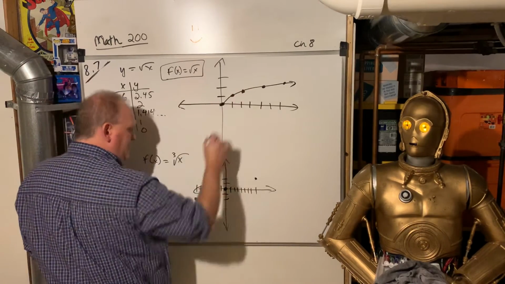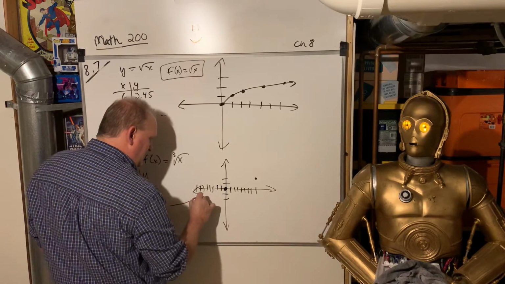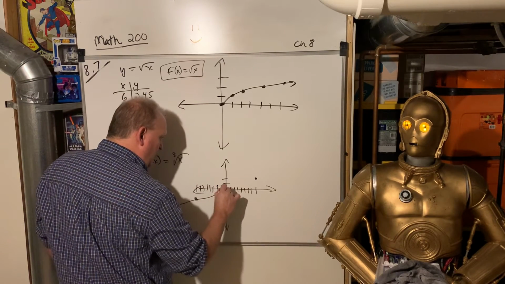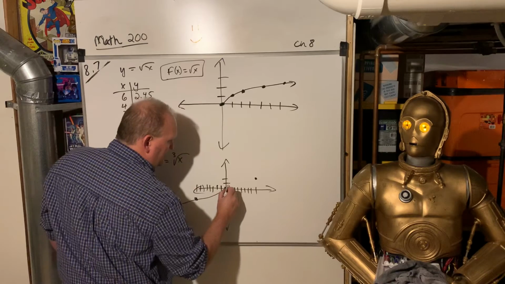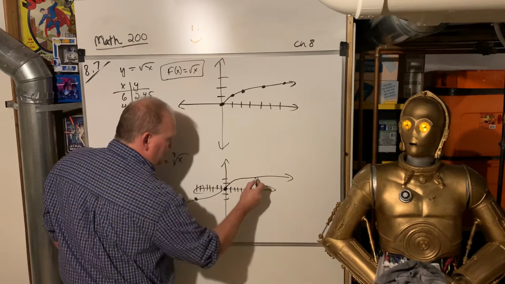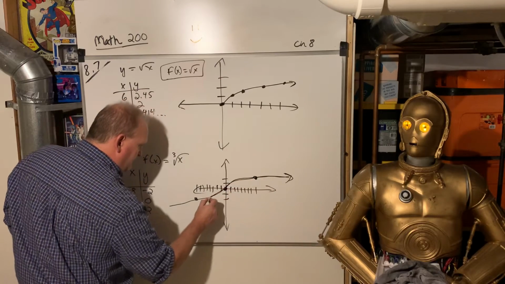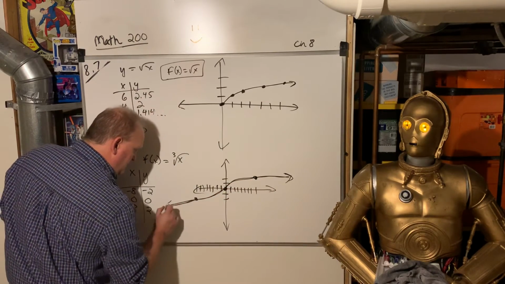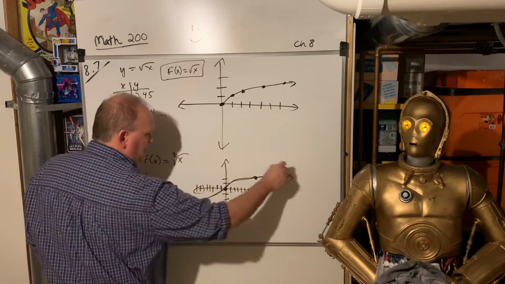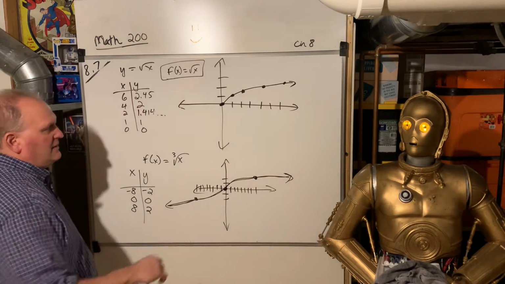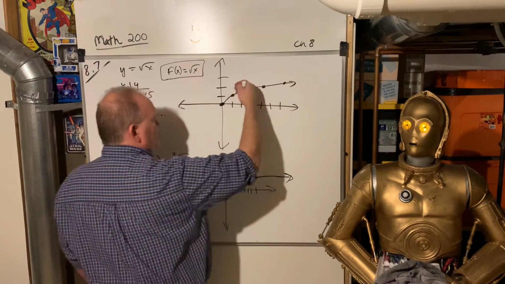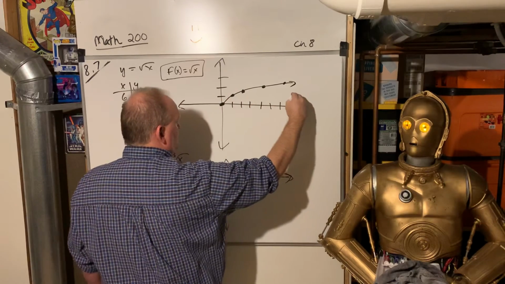But it is like this to that point, and then it flips, and then it goes like this. And so you get this kind of, that is a third degree equation. Well, a third root equation rather. Okay, where it's sort of like that, and then it's a little more squished down because it's a third root.